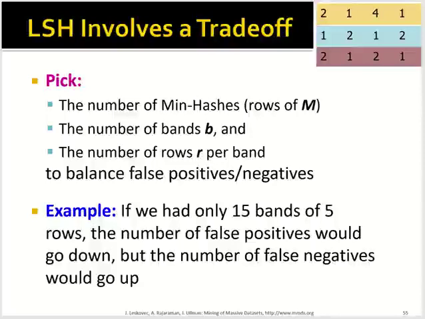Let's take an example to illustrate. If we had only 15 bands of 5 rows, the number of false positives would go down, but the number of false negatives would go up.